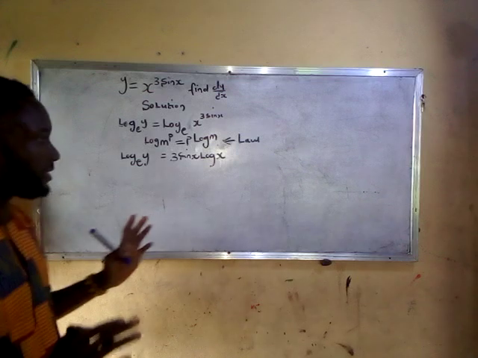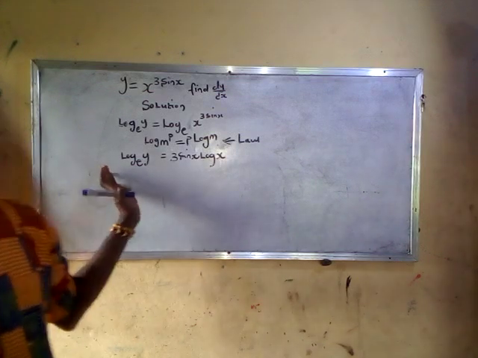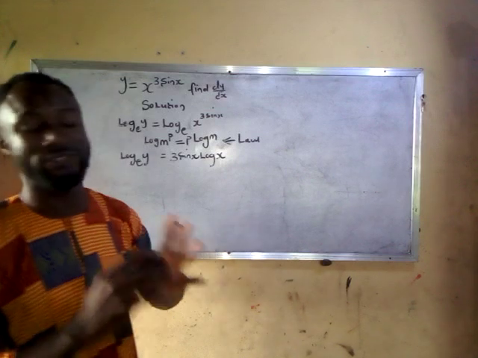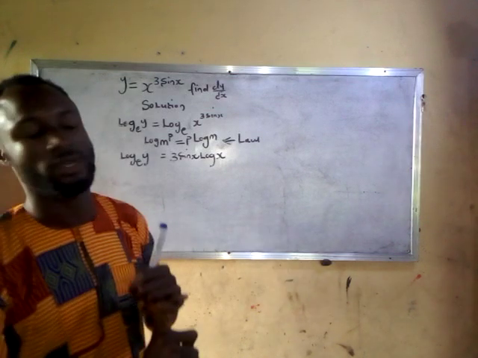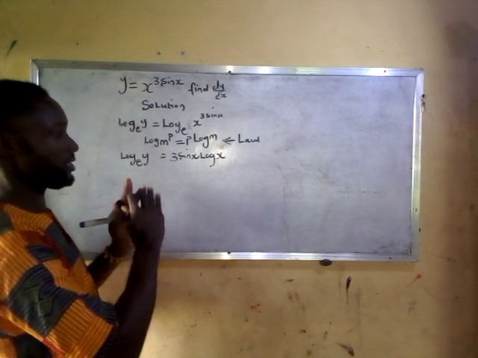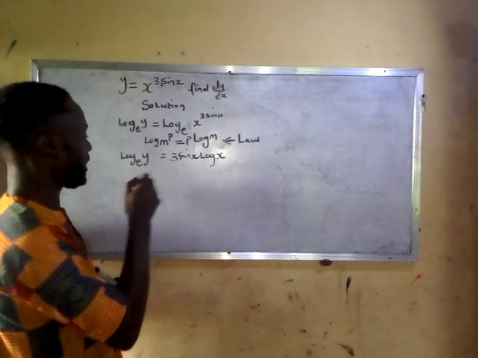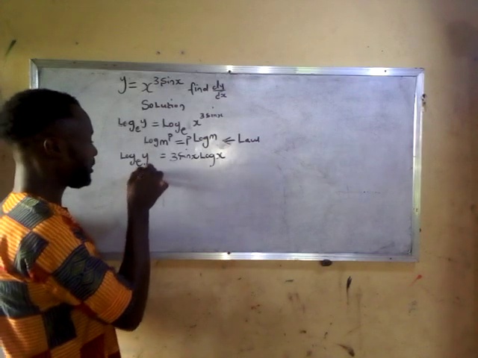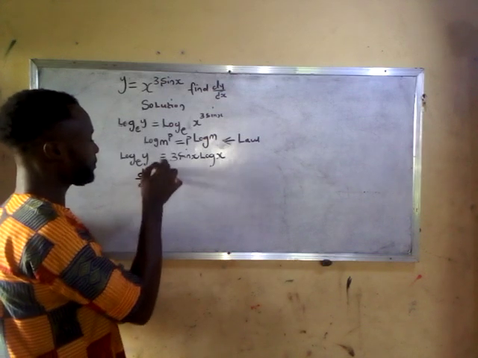Now the next step, after we have introduced our natural log to both sides, is for us to differentiate. The first step is to apply the natural log. Then the second step is to differentiate both sides with respect to x. So now I'm going to differentiate this with respect to x.